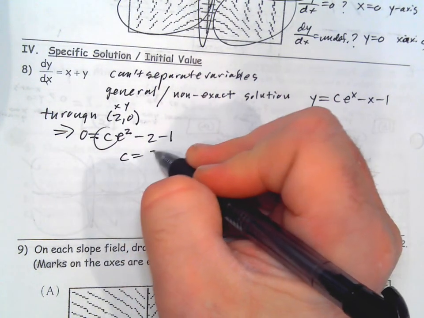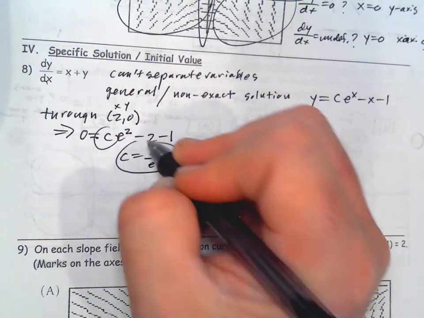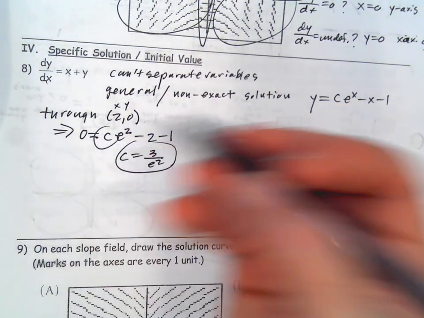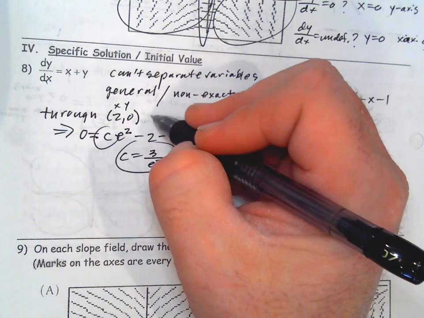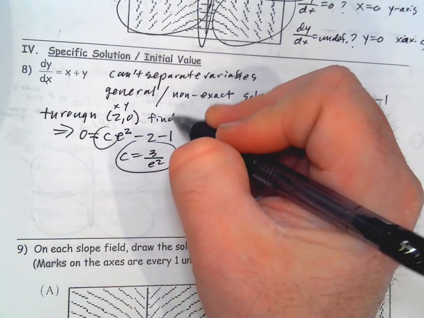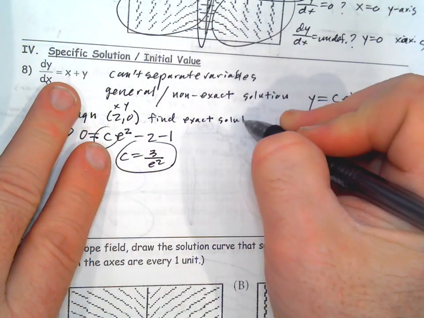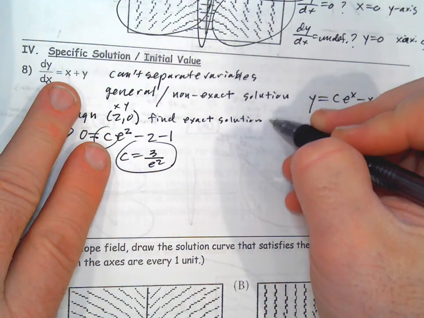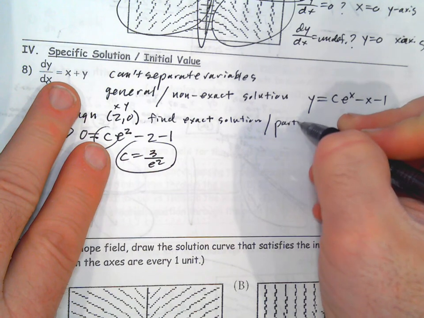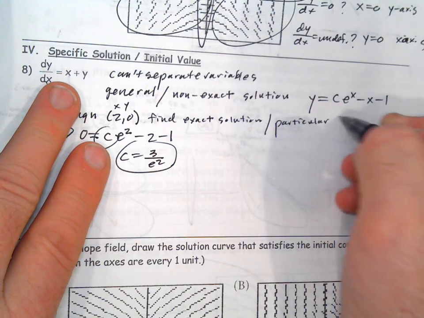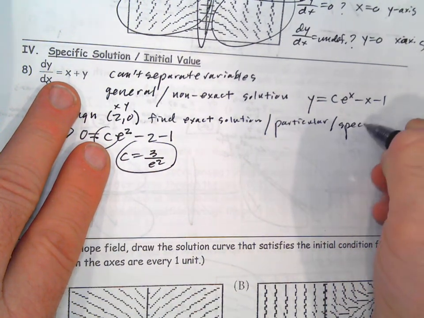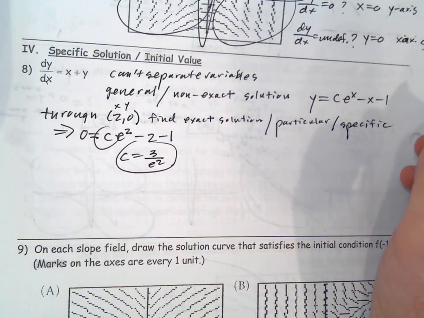C equals 3 over e squared, and then we could write the exact solution. So you'd say find the exact solution. They might call it particular solution. We might call it specific solution. There's all different words for this.